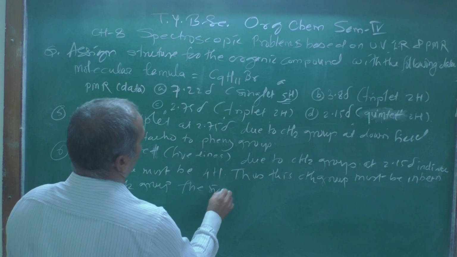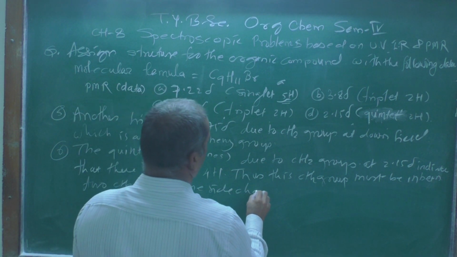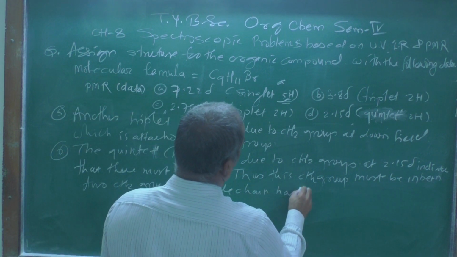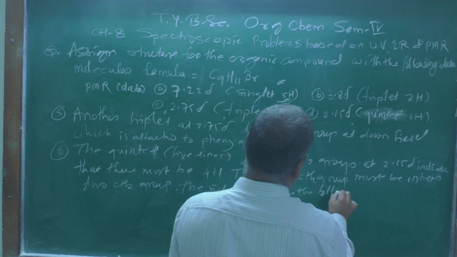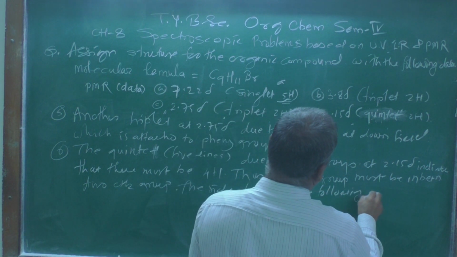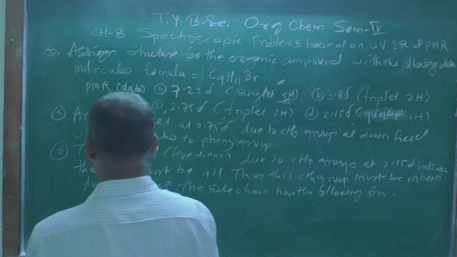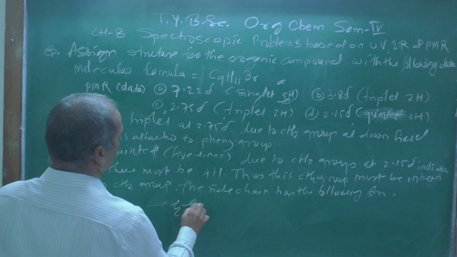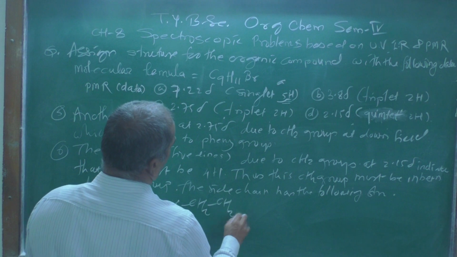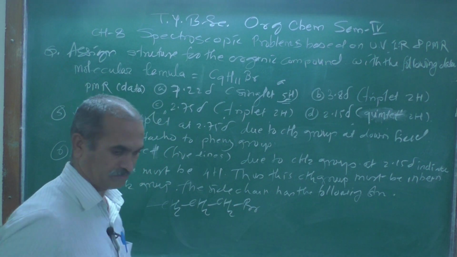The side chain has the following structure, which is CH2, CH2, CH2 and the Br.